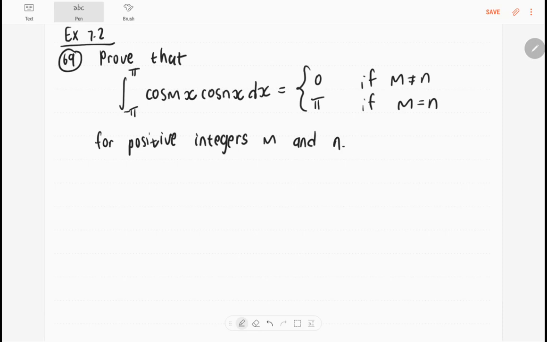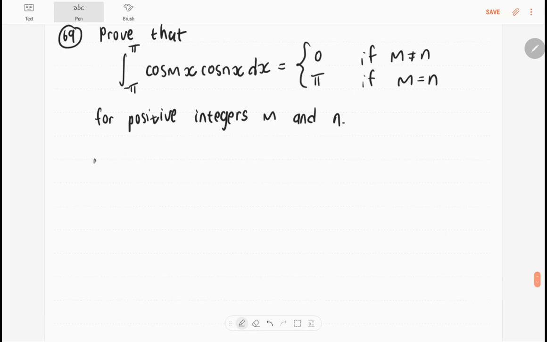So the first thing we're going to do is start with our integral. So we have the integral from minus pi to pi of cos of mx multiplied by cos of nx dx.